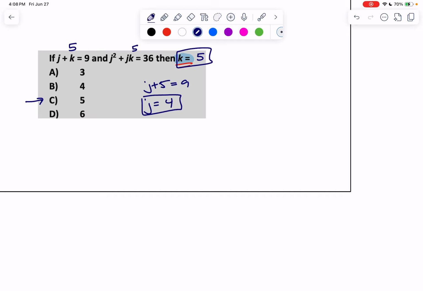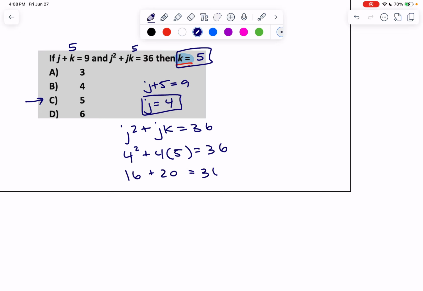How will I test it out? Well, I have that second equation, which is J squared plus JK equals 36. So let me pop a 4 in for the J and a 5 in for my K, and we'll see if it works. Well, that's 16 plus 20 equals 36, and that is indeed what that comes out to be. So it looks like I just found my right answer.